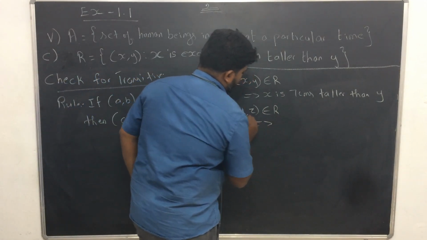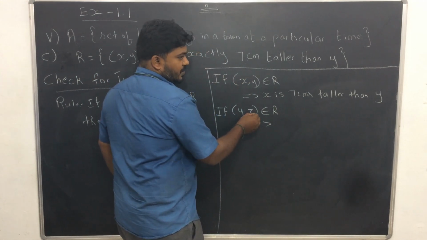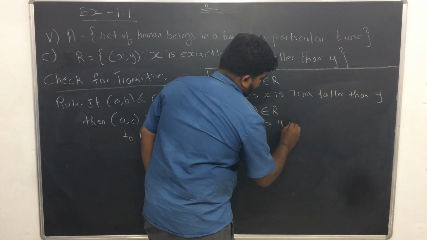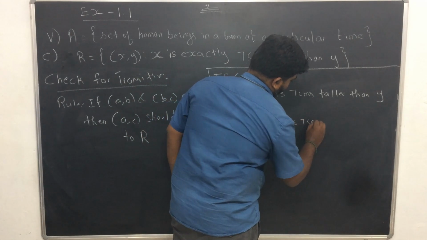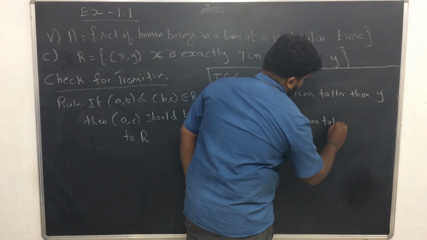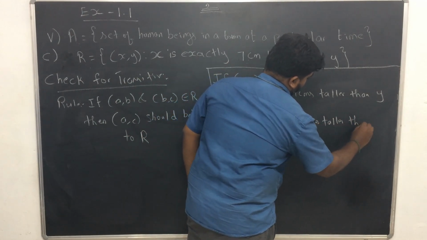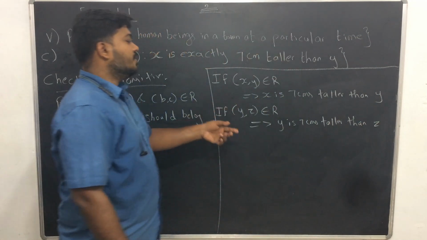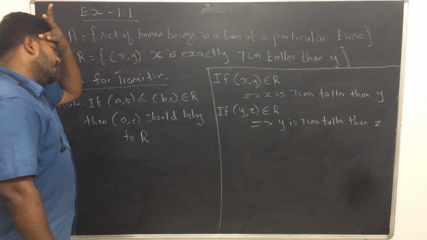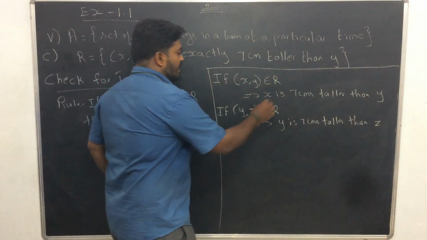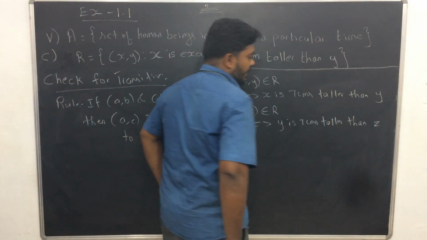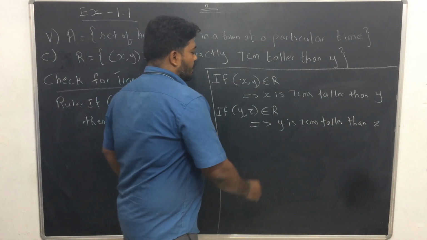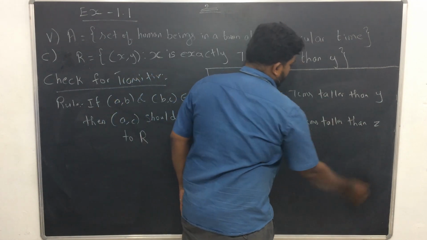It implies that y is 7 centimeters taller than z. So looking at these two statements, x is 7 centimeters taller than y, and y is 7 centimeters taller than z.